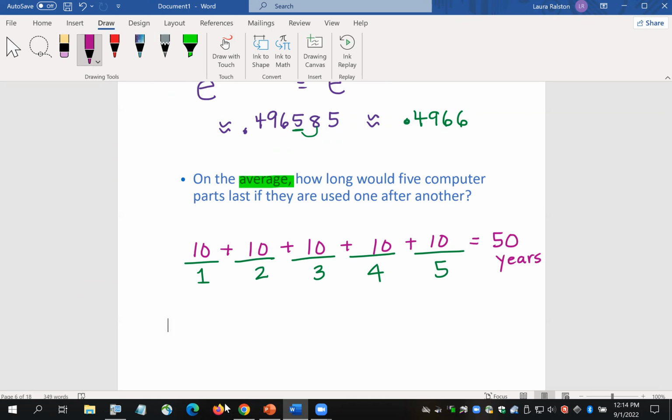Because I'm using them one right after the other. As soon as one stops, I put another one in. And they, on average, last 10 years.